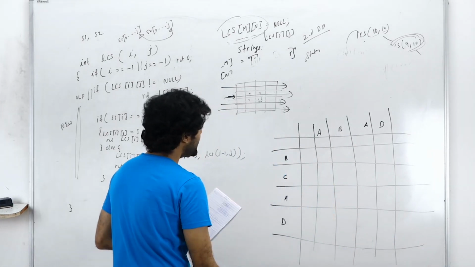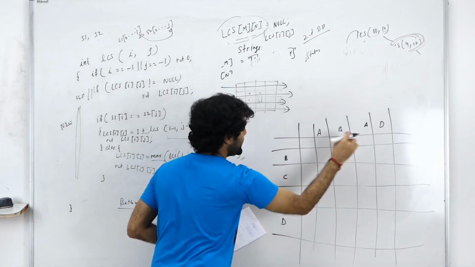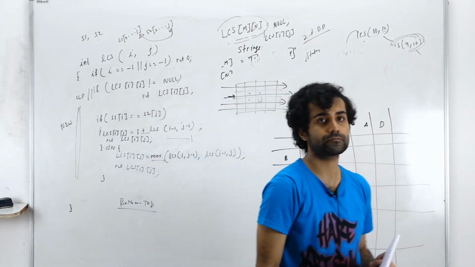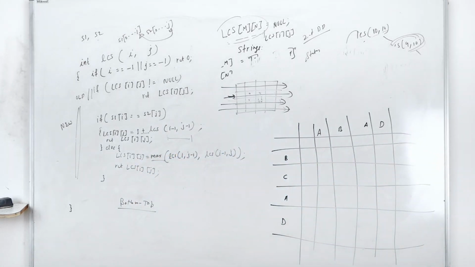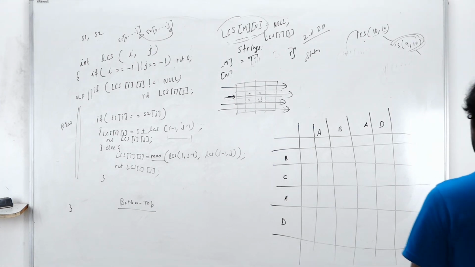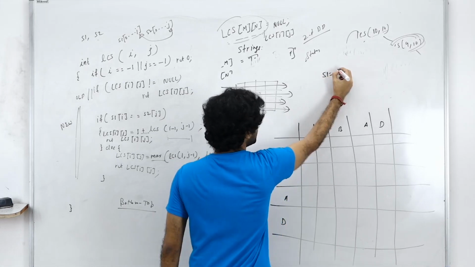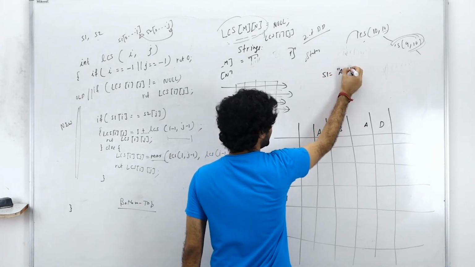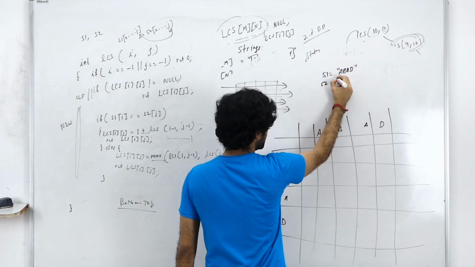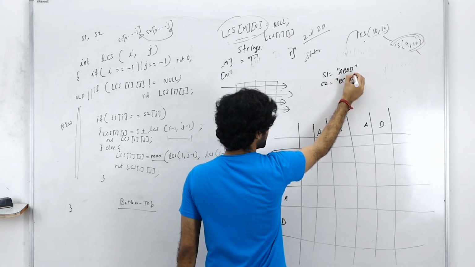Can someone tell me why I have created this extra row and this extra column? Yes, to take into consideration the empty prefix of ABAD. So my string 1 is ABAD and my string 2 is BCAD.